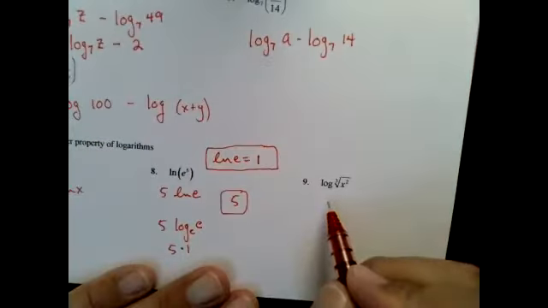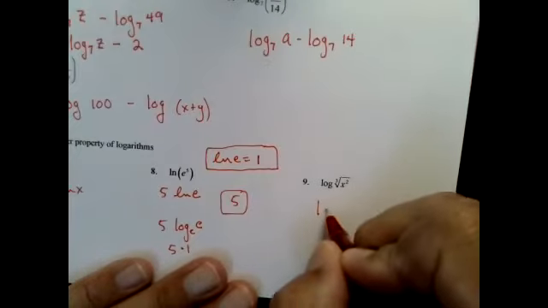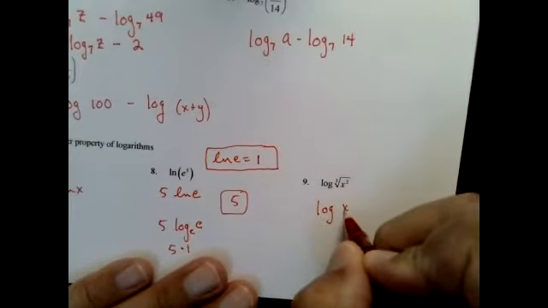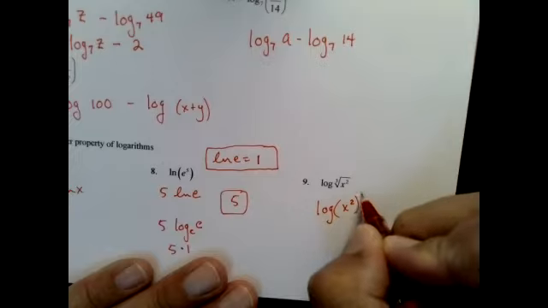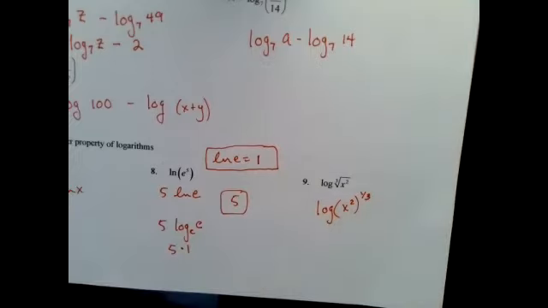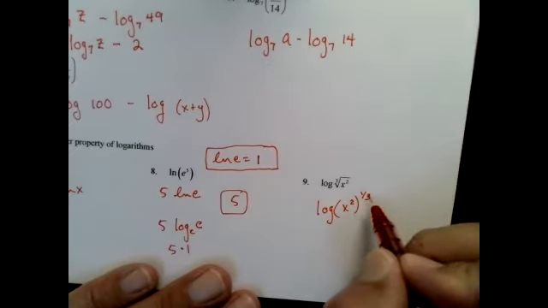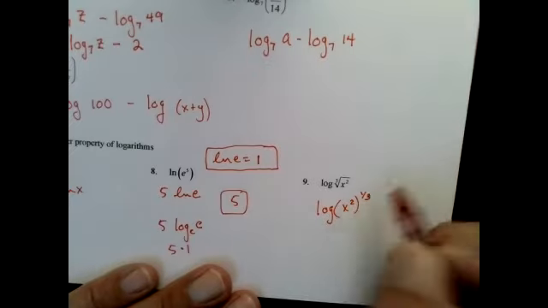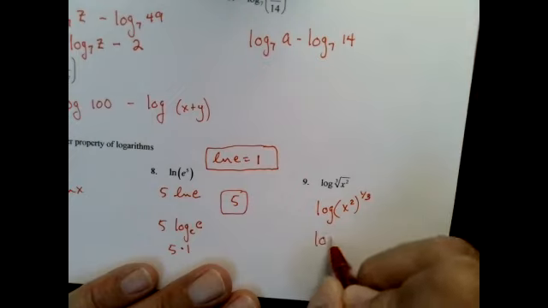Let's see. I'm going to clean this up a little bit. This is actually log of x squared to the 1/3 power, which I know my rules for powers. A power raised to a power is the same as multiplying them.